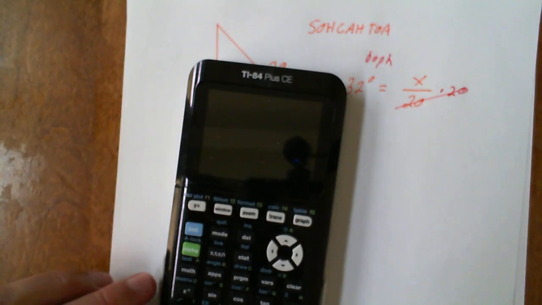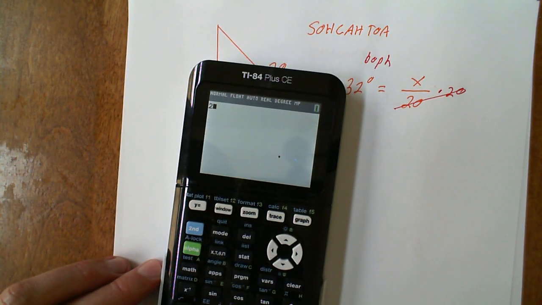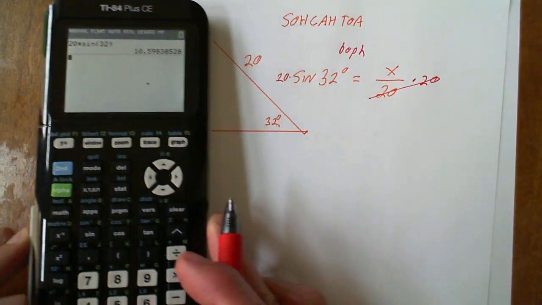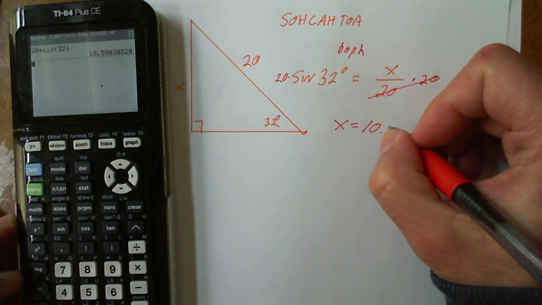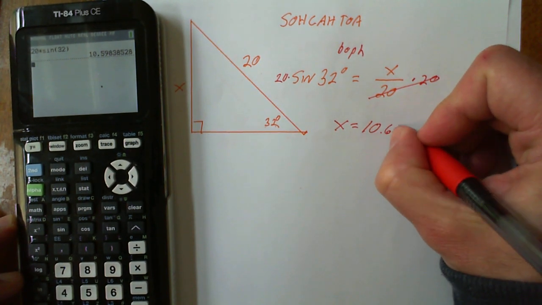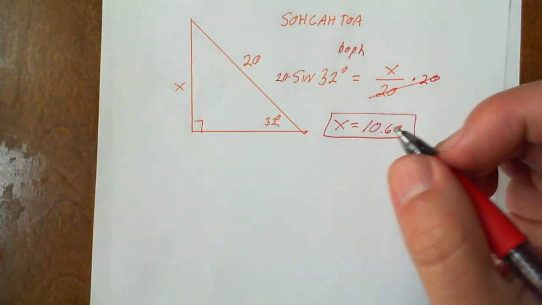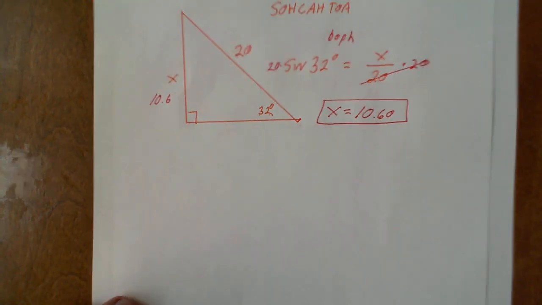We can use our calculator: 20 times the sine of 32. Hit enter, and we get 10.59. So x equals 10.60, rounding up. That means this height right here is 10.6.